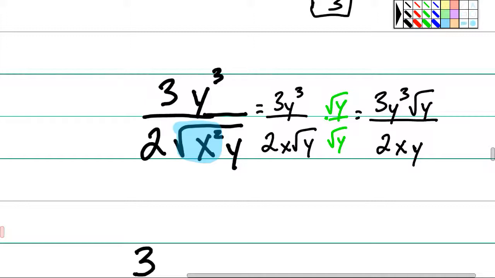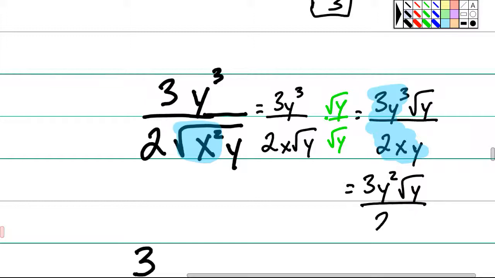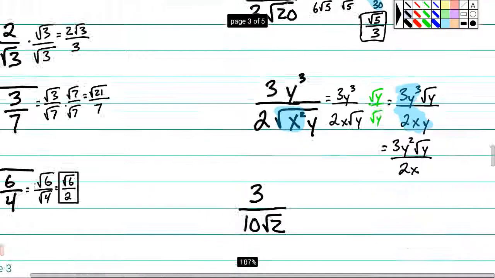And then I'm looking to see if I can reduce anything. Can I reduce anything on the outside there? It looks like I've got 3 y's on top and 2 y's on the bottom, so I can cancel one of those out. So this is going to equal 3y squared root y all over 2x.